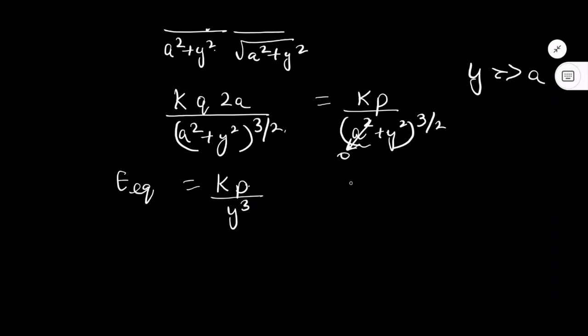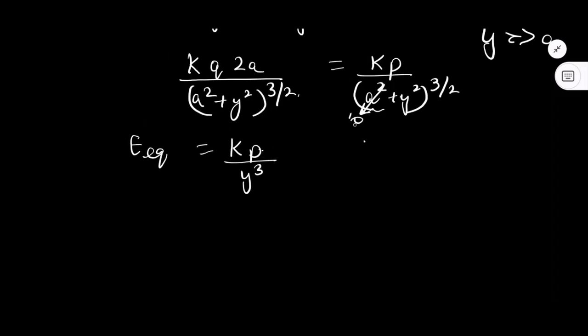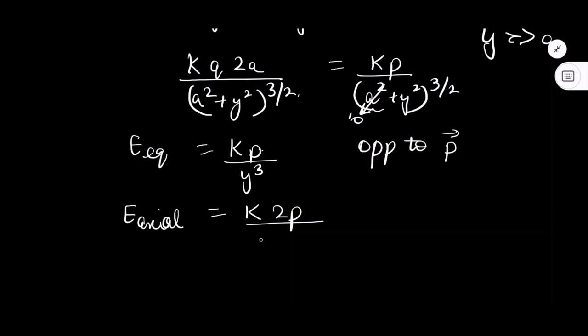And we have seen for the axial position, the magnitude was k 2p, that is twice, upon x cube, and it is along p, that is along the dipole moment direction.